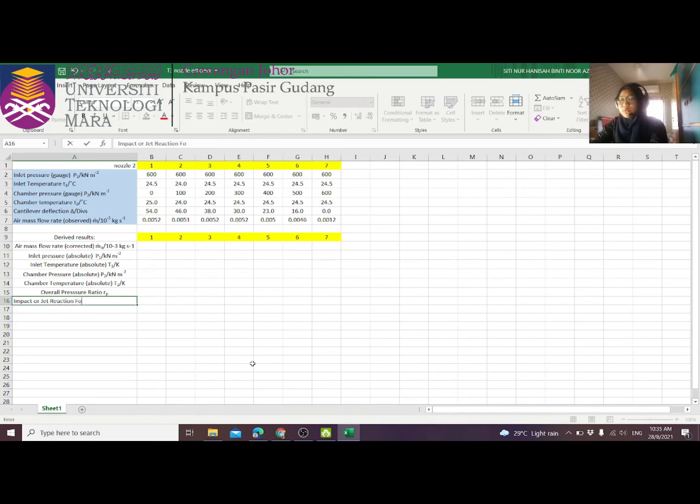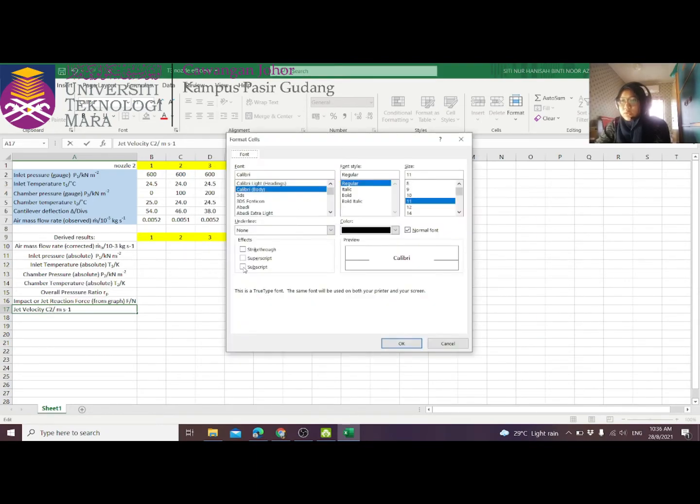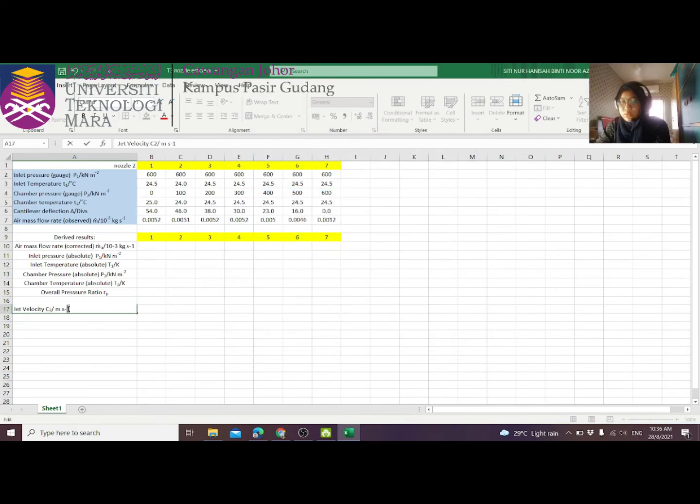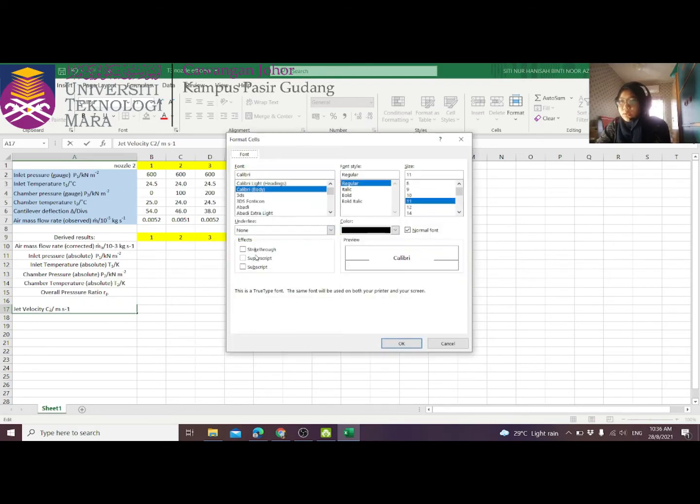Reaction force. This is from the graph, and we will take a look after this in the lab sheet. So F over N. And then the next is just velocity, which is C2 over S^-1. So the 2 is subscript and superscript.